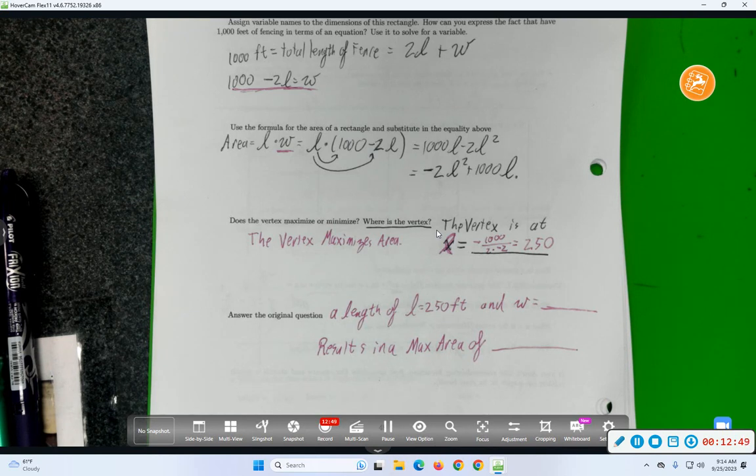So we know that 250 feet will be the length that maximizes the area of this rectangle. Let's find the other parameters.